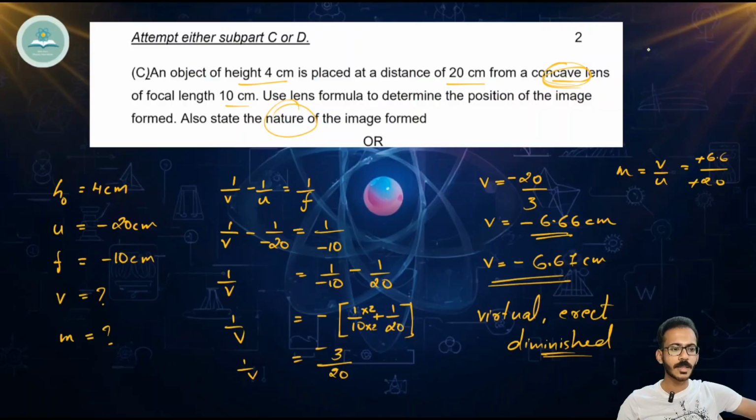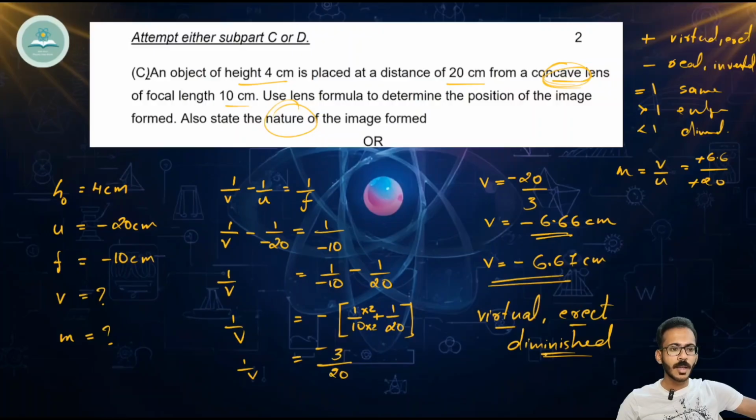We know in magnification, if the sign is positive, then it's a virtual and erect image, and if it is a negative value, then it is real and inverted. If the value is equal to 1, then it is the same size. If the value is greater than 1, then enlarged. If the value is less than 1, it is diminished. So as per all this, here it is virtual, erect and diminished. This is the nature of the image formed.